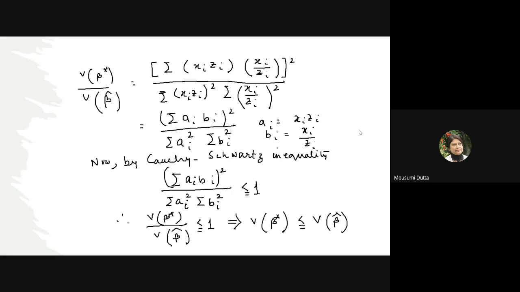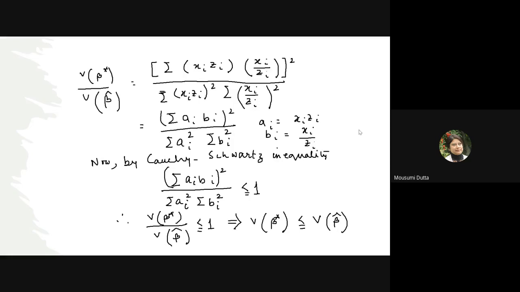So this is less than or equal to 1. Applying this inequality, variance of beta star divided by variance of beta hat is less than or equal to 1. And that proves variance of beta star OLS is less than or equal to variance of beta hat WLS.